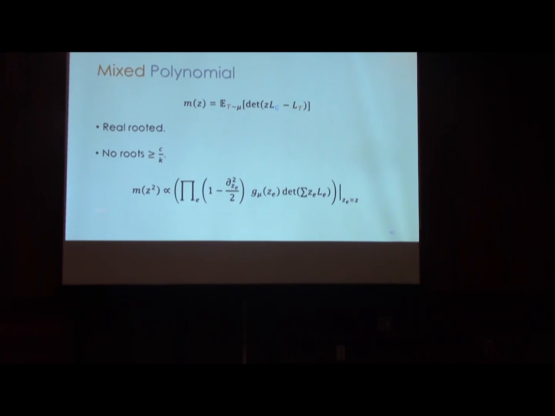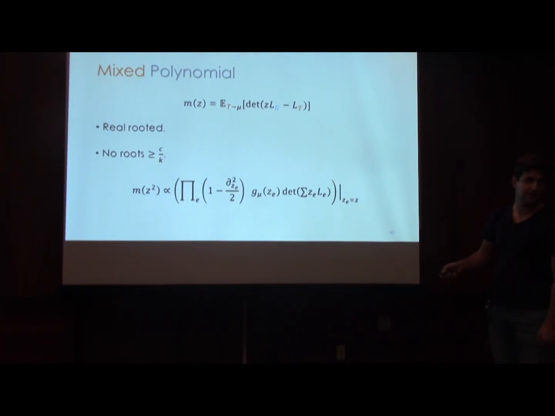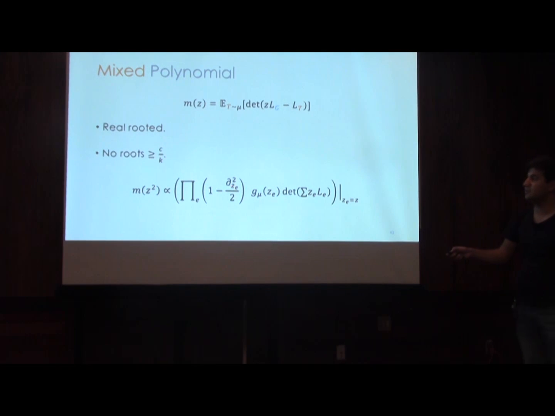The way I'm going to show that crucially relies on this representation, which is not obvious at all. So let me actually tell you what the terms here are. This M is the polynomial I want to get, which is the mixed polynomial. This g_mu is the generating polynomial of the strongly Rayleigh distribution mu that is given to me.